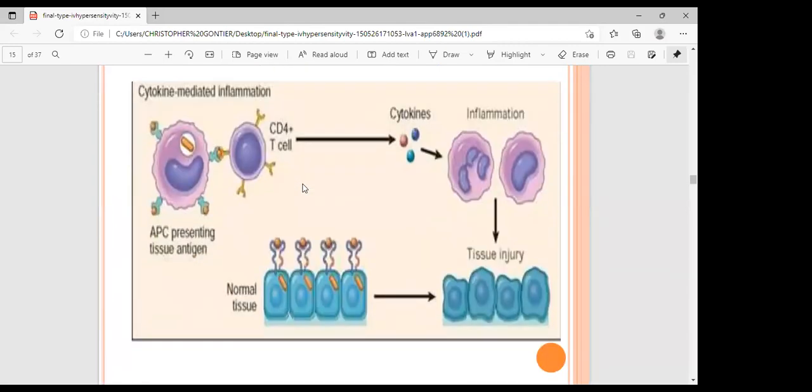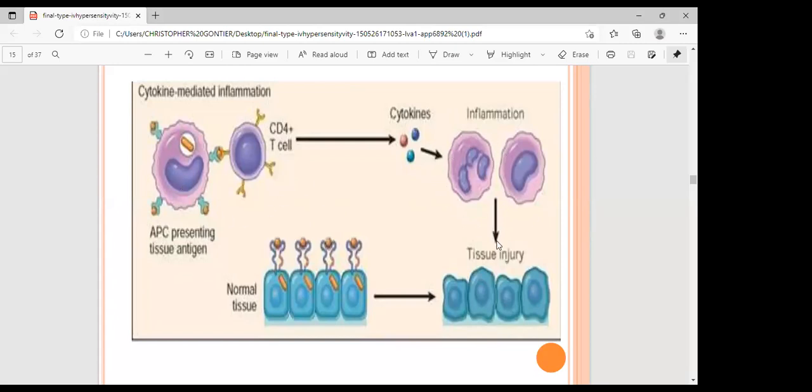So here we have a diagrammatic representation. All right. Between here and here, we have interleukin-12. Between here and the macrophages, you have gamma interferon. Interleukin-12 here, from here to here and to there.